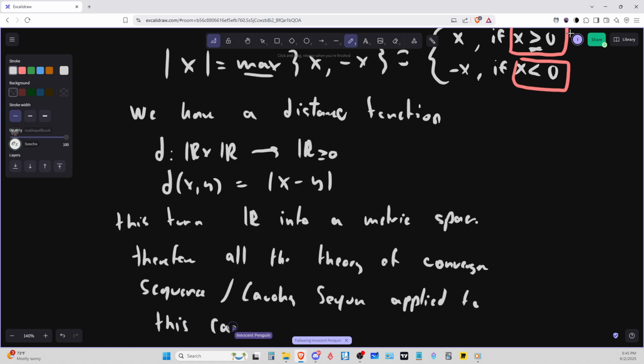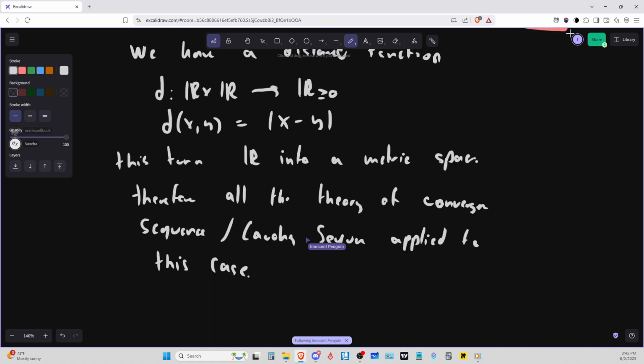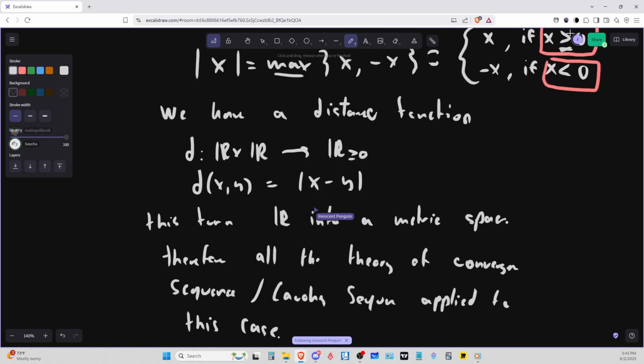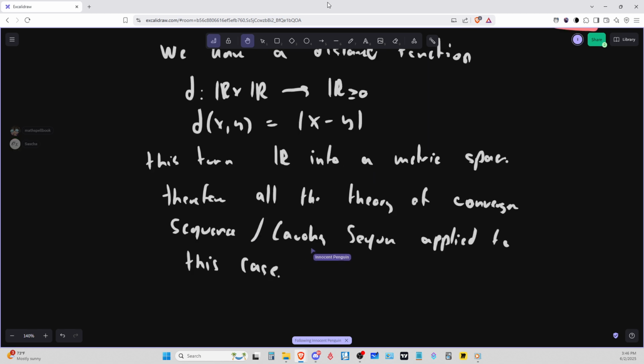So I think we had a number of lemmas. For example, one thing we showed is that the convergence of a sequence is unique. So if you have a sequence that converges, then the limit must be unique. But as we proved that for the general case of metric spaces, we automatically get that for free over the real numbers, because that's just a special case of the thing we proved.